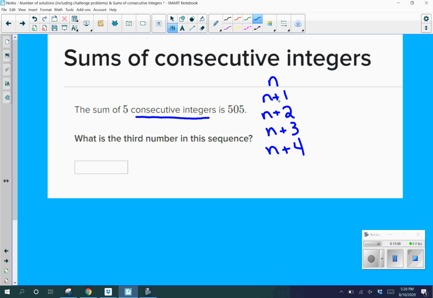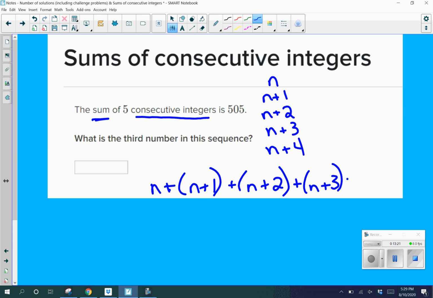So that's 5 integers, but it's saying the sum. So watch what I have to do here. I've got n plus, notice I'm going to put them in parentheses. It just helps me organize my problem to see how many I've added so far. And that total equals 505.